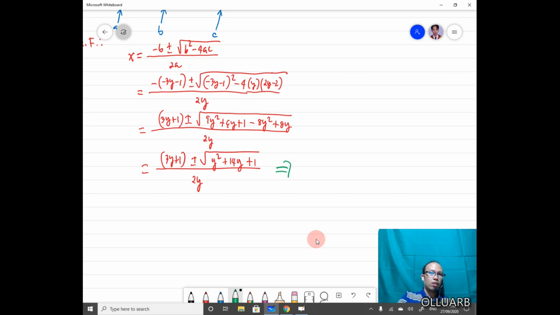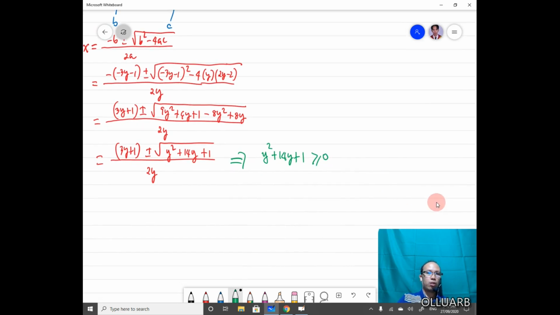So it must be that the radicand must be greater than or equal to 0. And of course, y must not be equal to 0.